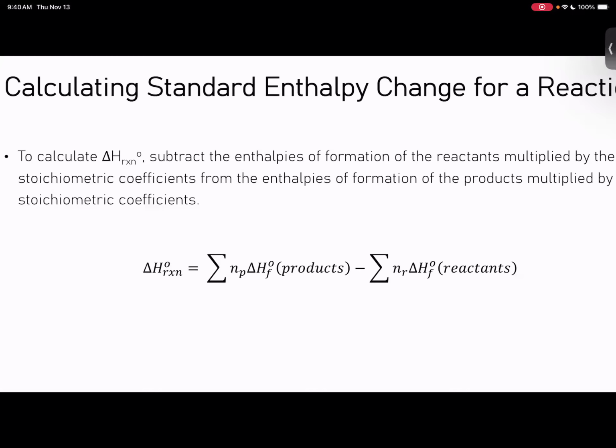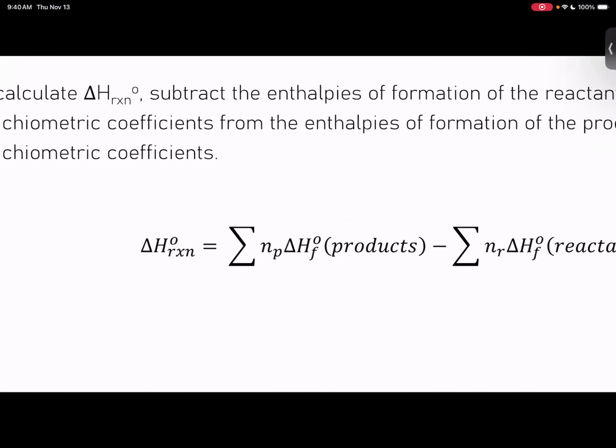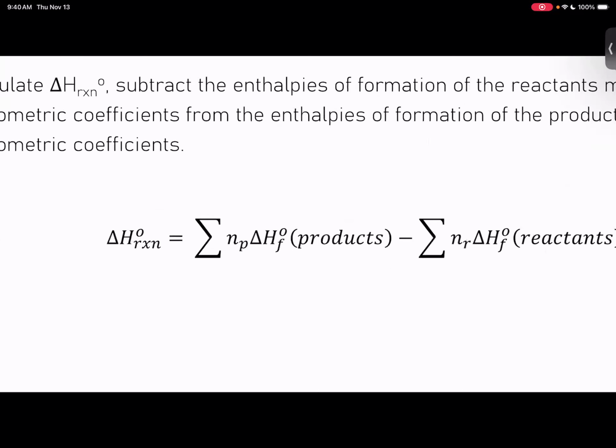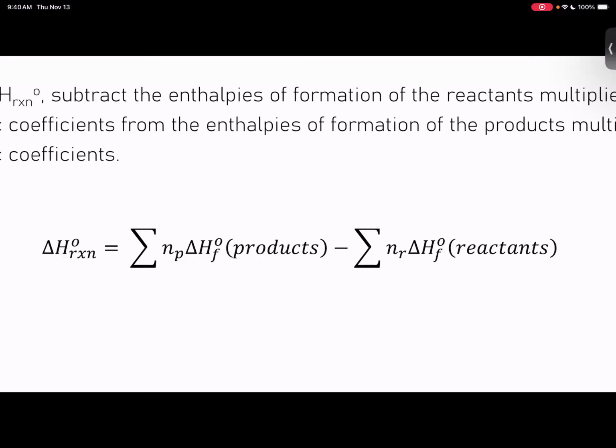So again, the enthalpy of reaction under standard states is going to be the sum of the moles of products times their delta H of formation, minus the sum of moles of reactants times their delta H of formation. That's the take home.